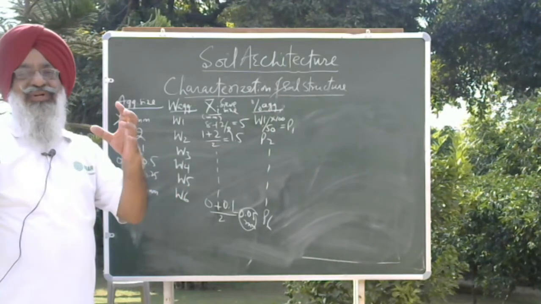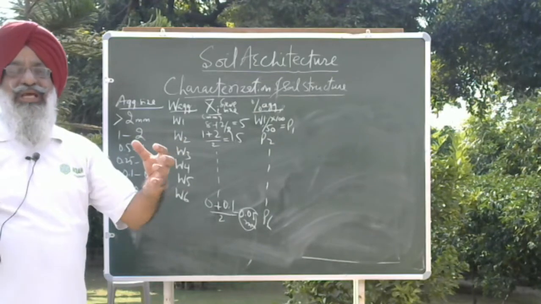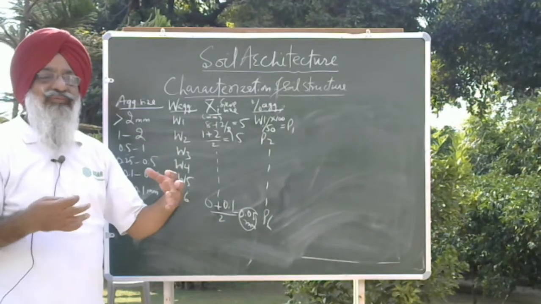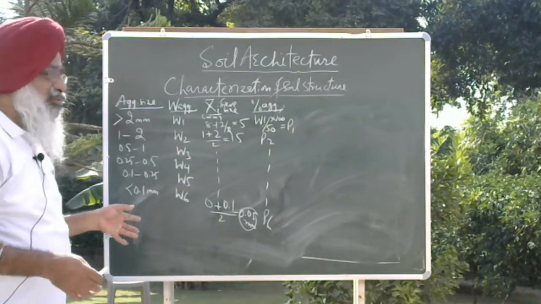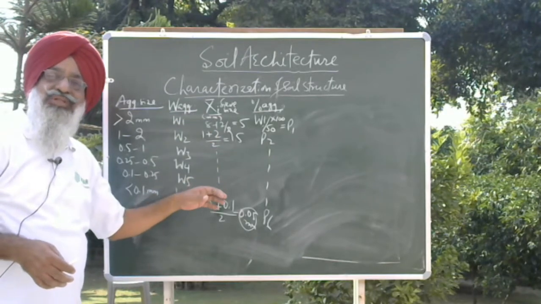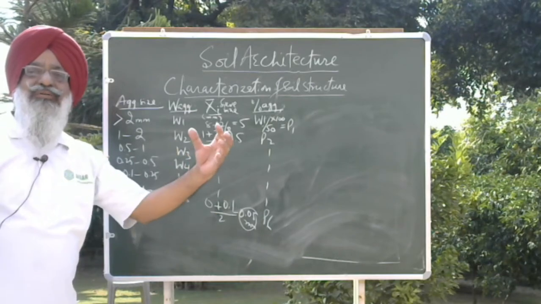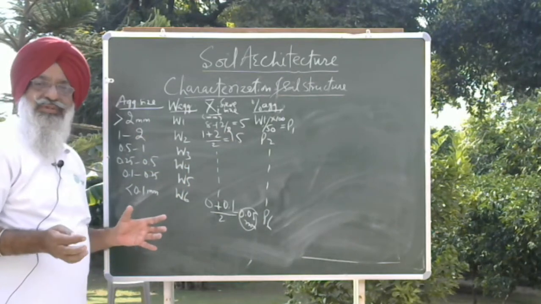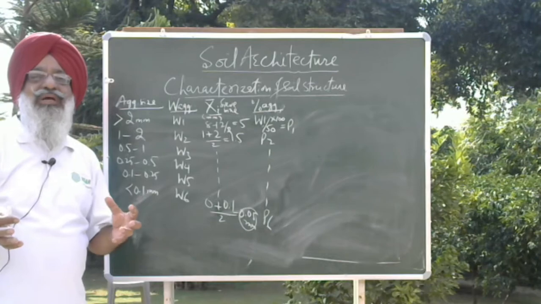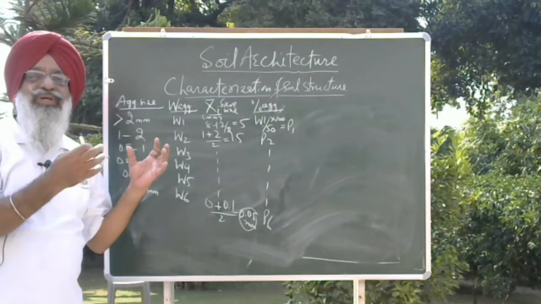Now, the question is, when you have to compare two samples, sample 1, sample 2. In one sample, a particular size could be dominant, in another soil sample, another category could be dominant. So, it is very difficult to compare the two samples with 6 values. Until and unless you have one value, you cannot compare the two samples.